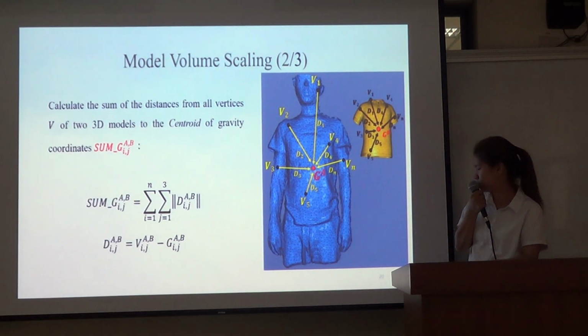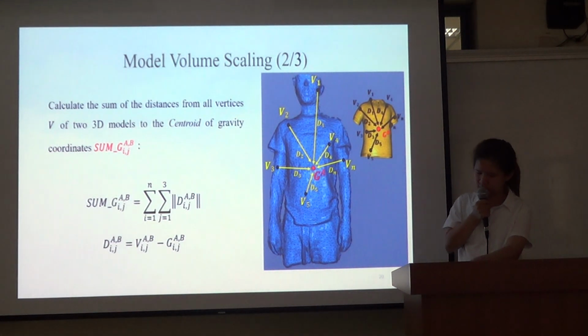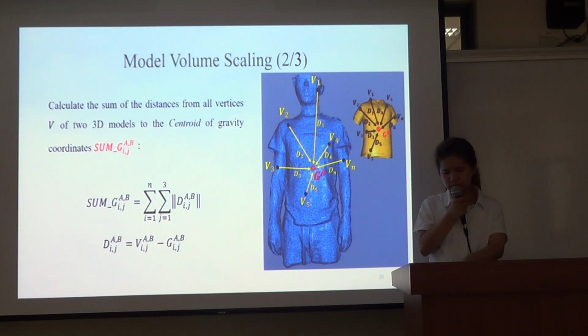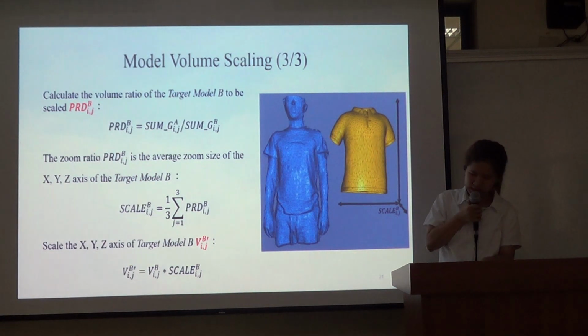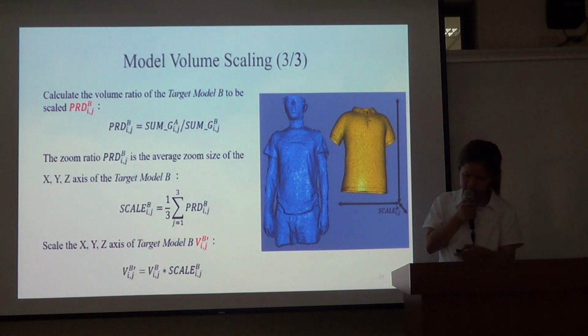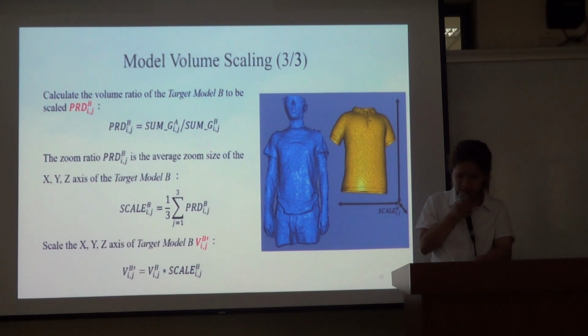Calculate the sum of the distances from all vertices of the two 3D models to the center of gravity coordinates. Calculate the volume radius of the target model B to be scaled.